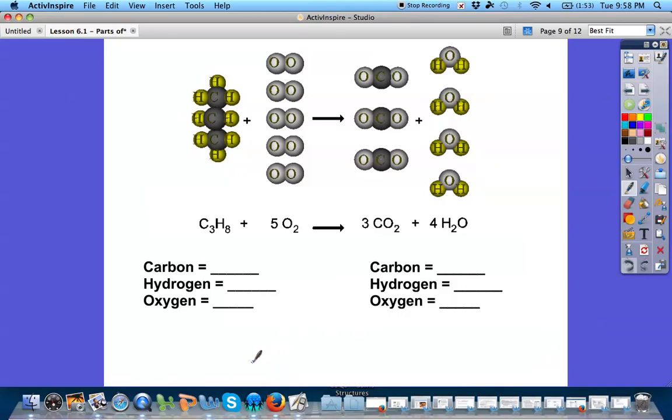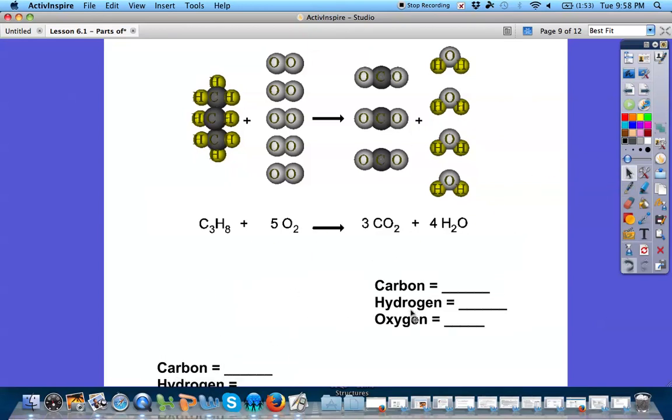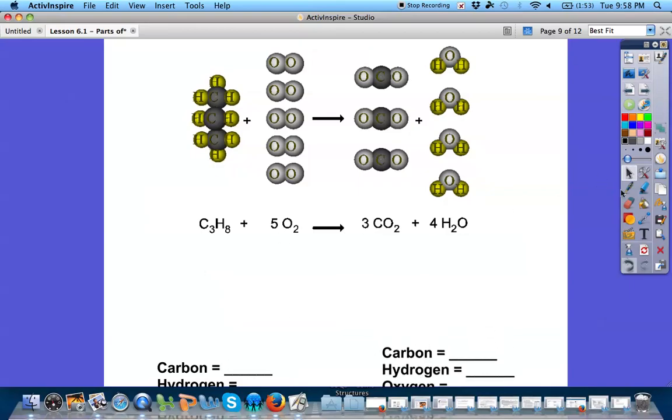So, how many C3H8? Well, we don't have a number in front, so there is only one of those. So this is how many molecules of C3H8?